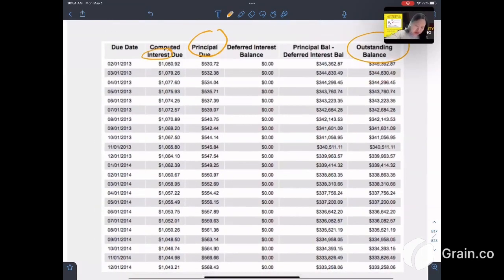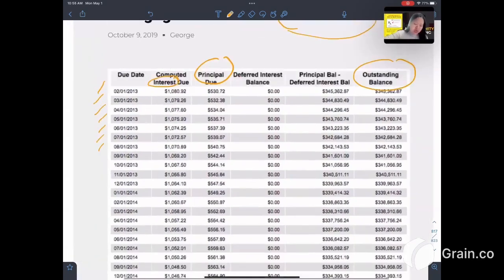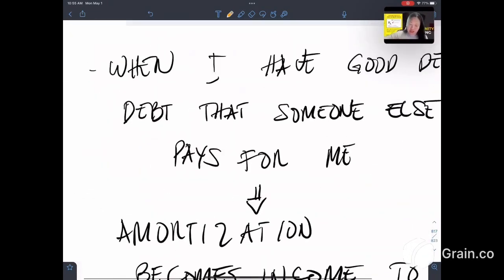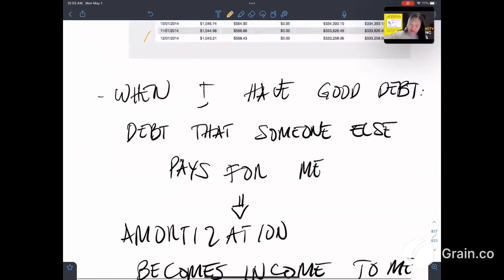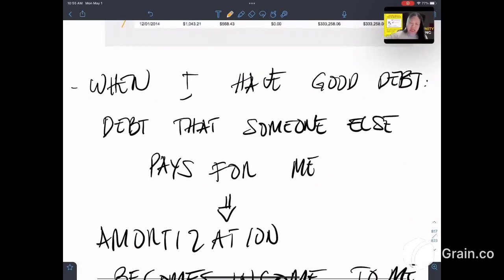If you see here, it starts from February 2013, March, April, May, June, July, August, all the way down to 2014 and so on. That's why it's called a schedule. Every month, the bank automatically takes out a payment called the mortgage, which is a breakdown of your principal and interest. That's what is called amortization. It's a scheduled payment of your debt.